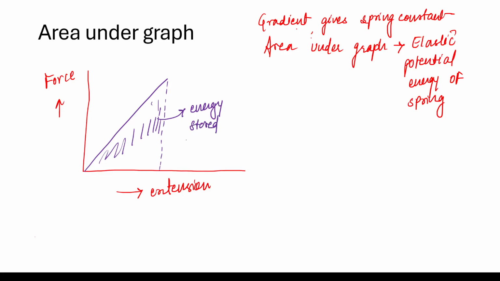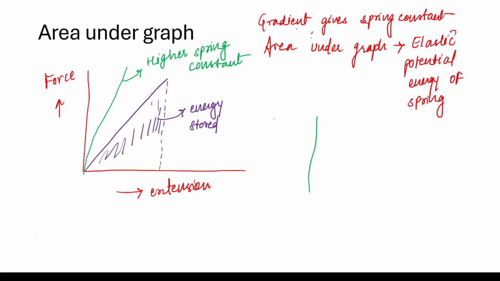Now if I have another line here, this one will have a higher spring constant because it has a higher gradient. So the larger the gradient, the larger the spring constant, and the larger the area under the graph, the larger the energy stored.